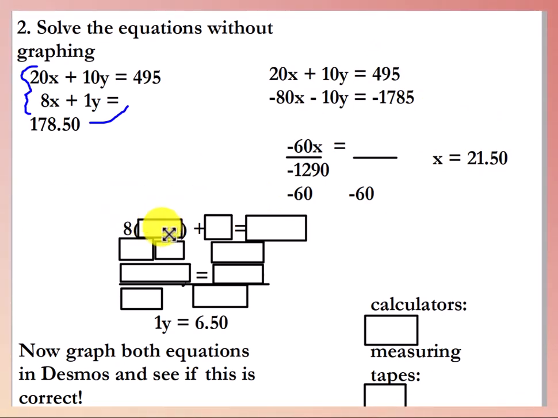Now I'm going to put it into, we're going back to the original, not the ones that we changed. So I'm going to go to the simplest one for me. You can use either one, but I'm using that second equation. 8 times 21.50 plus y, 1y, is equal to 178.50.